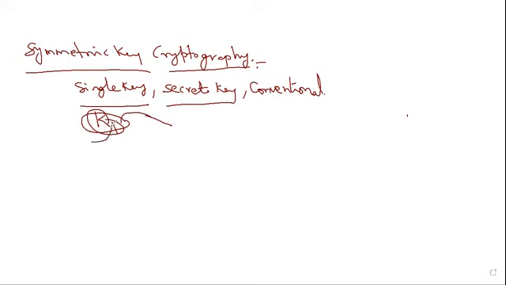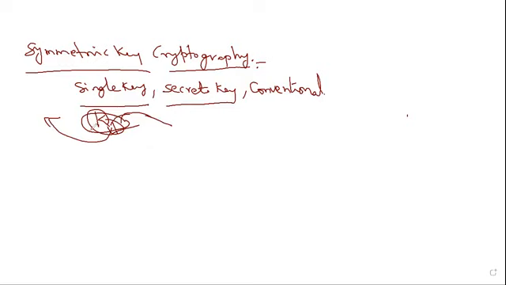Suppose this K1 is known to an opponent, then what happens? The opponent can also decrypt, because algorithms are public. We know every cryptographic algorithm. If you type on Google, you get all these algorithms and related programs, right? So algorithms are public. Everyone knows. Even a criminal can know that particular algorithm.